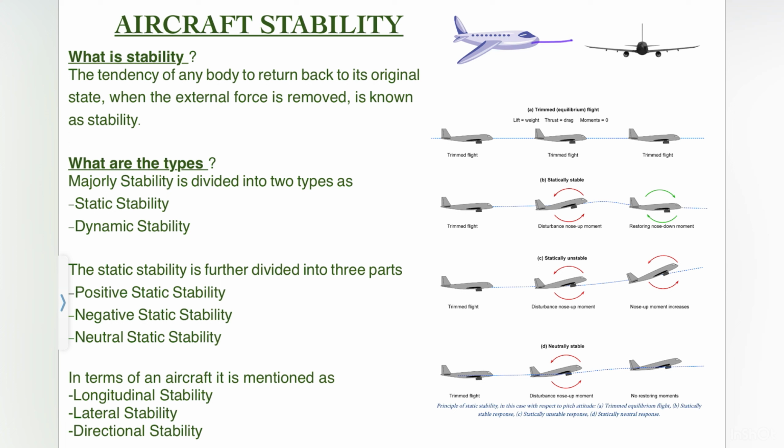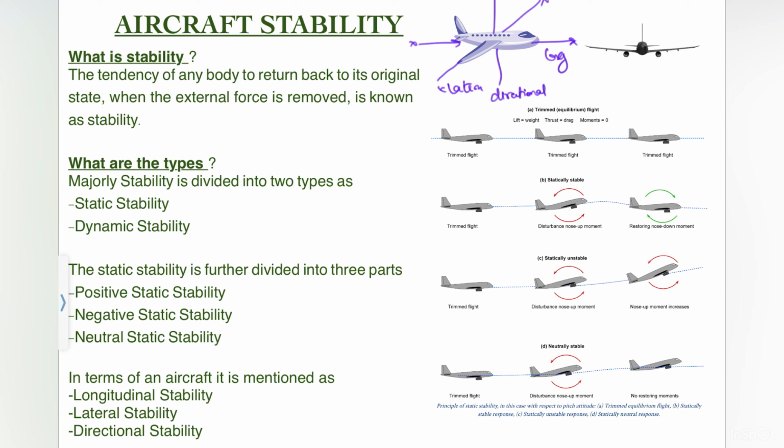I'll just mark it with a marker. So this is one axis, this is longitudinal, this is lateral, and a vertical one, this is directional, or vertical also.